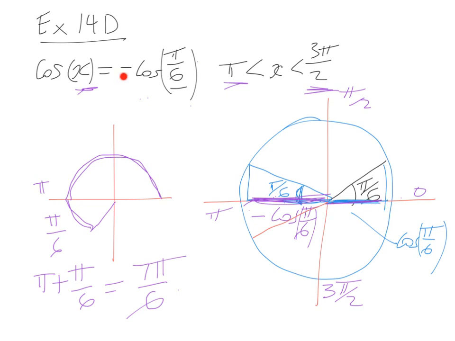Then that makes it negative, same angle from the x-axis. And then we look at what our domain is, where are we finding that answer. So if it had been between pi on 2 and pi, we'd be saying it's this one here, going from here to here. But we're not doing that, we've got to go all the way around because it tells us what it is here.